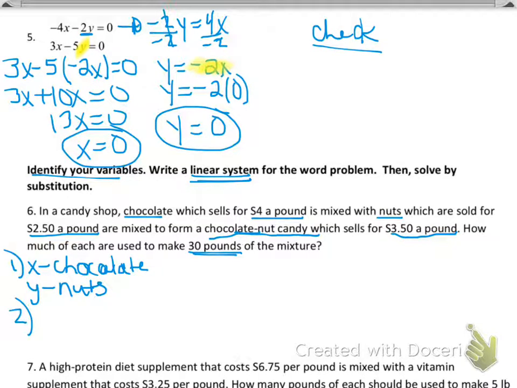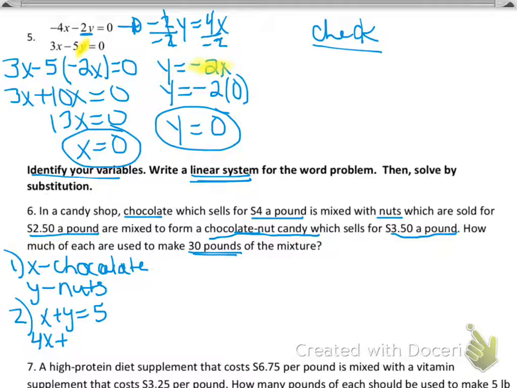Total, I have x plus y is going to be 5 pounds, right? And then my one for the money, if x is my chocolate, that's $4 a pound, so that's going to be 4x.